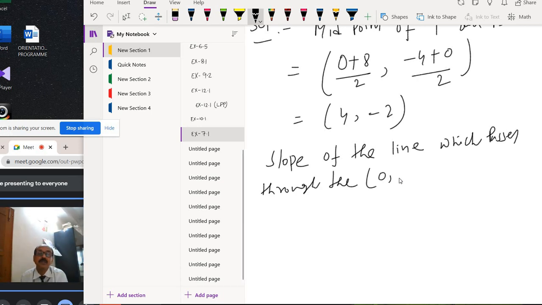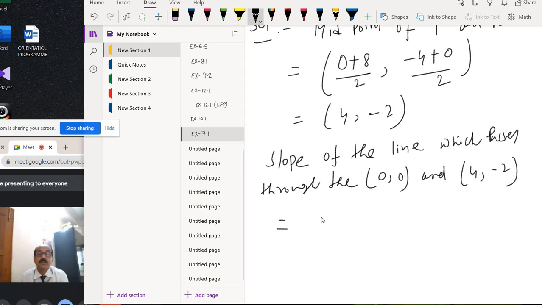The formula is y2 minus y1 by x2 minus x1.